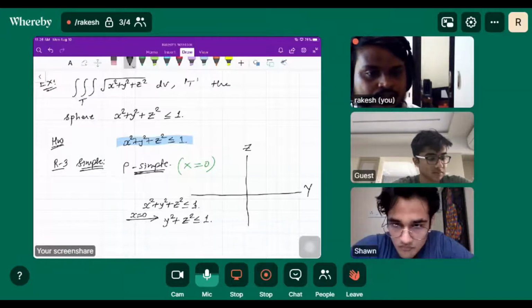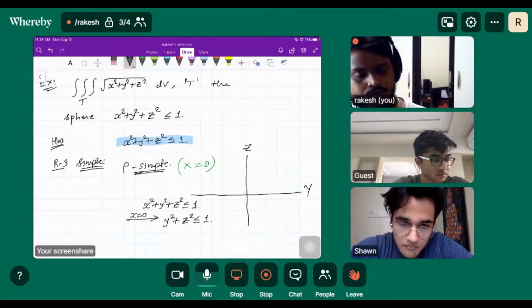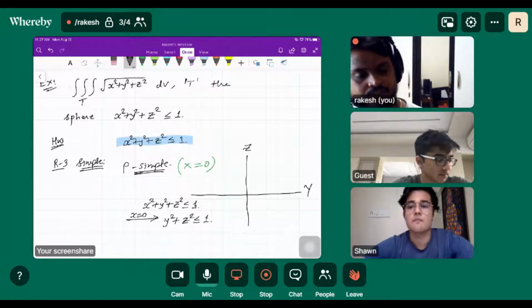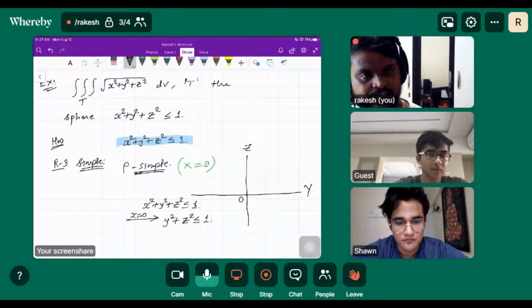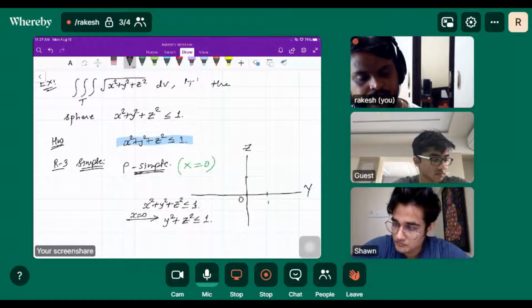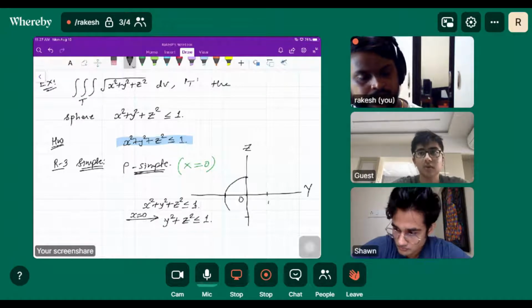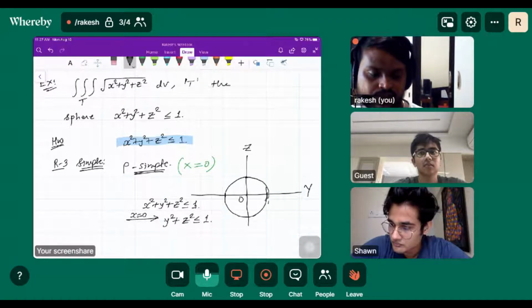So y square plus z square less than or equal to 1 is a disk whose center is at the origin and radius 1. So this is the disk.